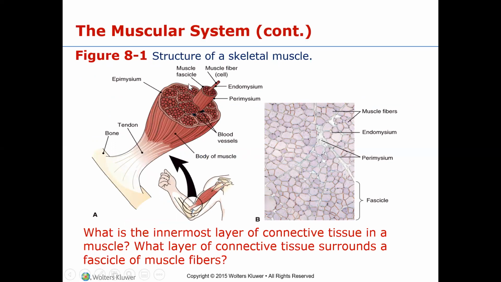So starting from the innermost bundle, we have a muscle fiber, this is a cell. It has a covering around it, and it's known as the endomysium. You have a bunch of these together. So think of these like a bunch of pencils.